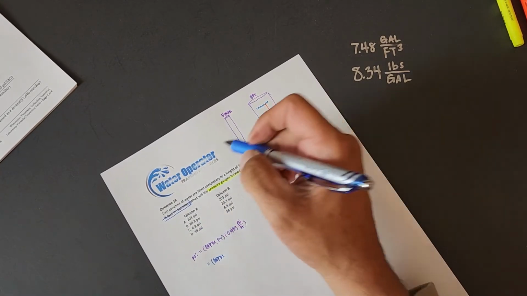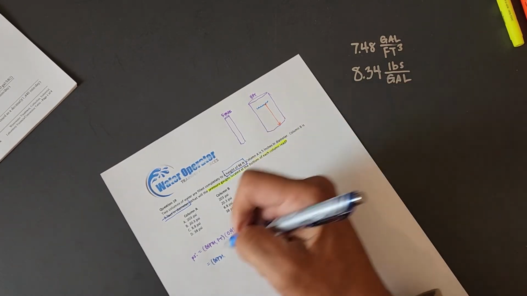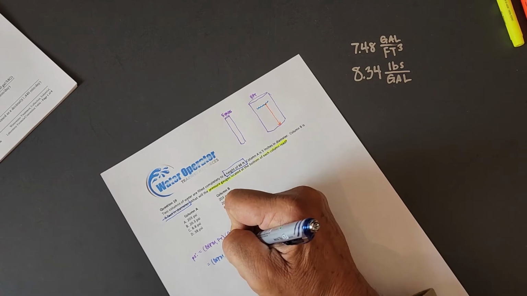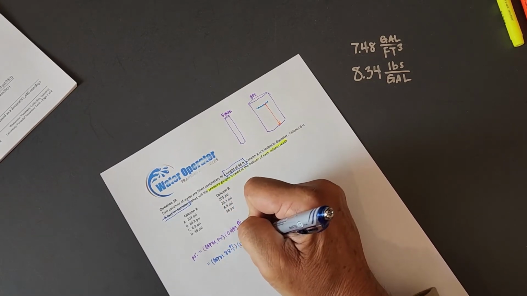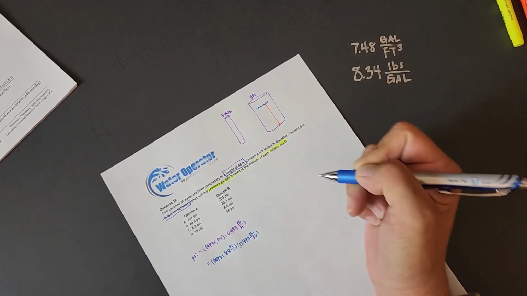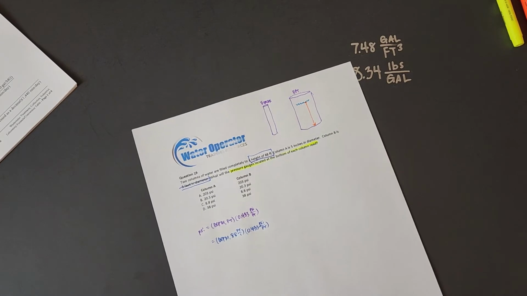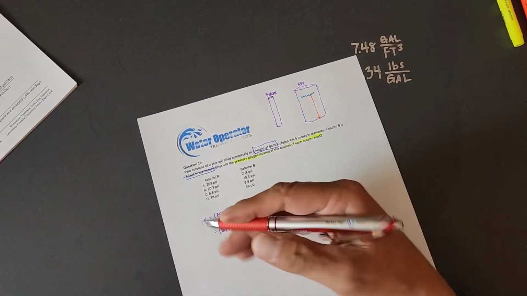I'm looking for depth. In this case, it's reported as the height, 88 feet. 88 feet over 1. We're going to multiply that by 0.433 PSI per foot. Now let's cross cancel. I have foot here above the division line, foot here below the division line. I can get rid of that.